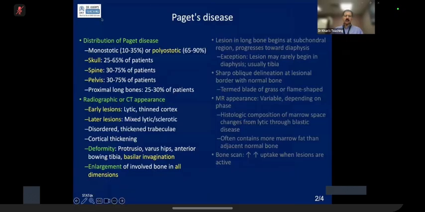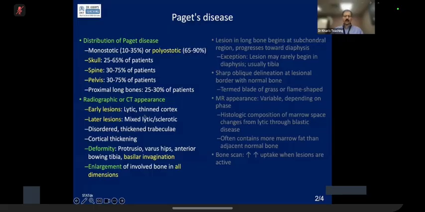Now, I don't want to go into details, which you can read yourself, but one point I want to make is that early lesions can be lytic with thin cortex, then later on mixed lytic and sclerotic. So everything can happen, and then disordered thickened trabeculae and cortical thickening.